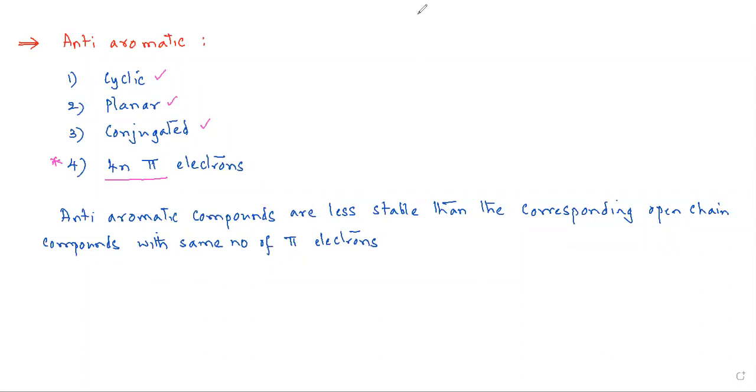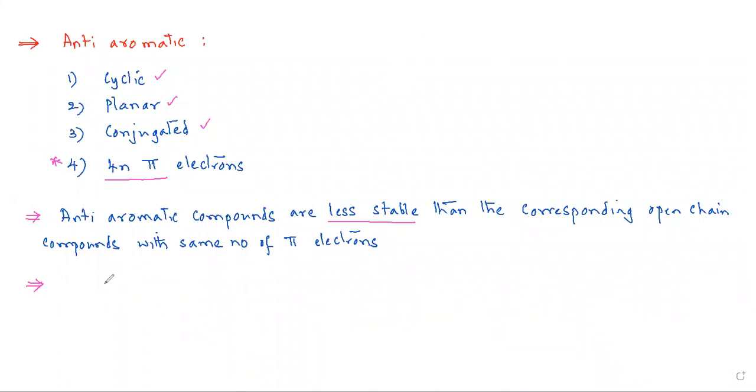Let me also tell you a reason, a difference between aromatic and anti-aromatic compounds. See, in case of aromatic compounds, the cyclic delocalization leads to stabilization. Of course, we have already seen that. But here, the same cyclic delocalization leads to destabilization. Okay.